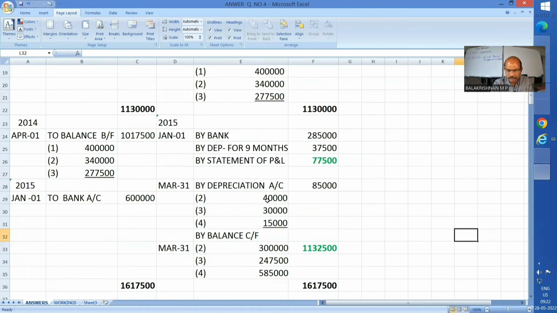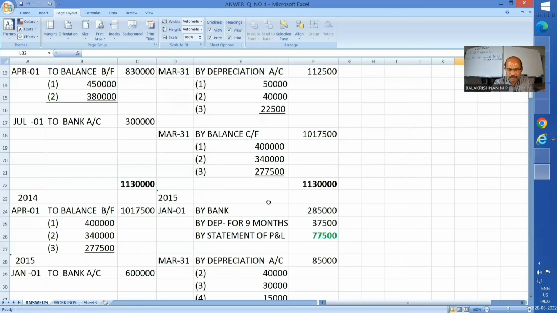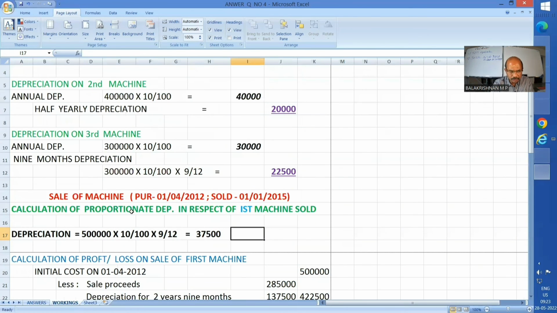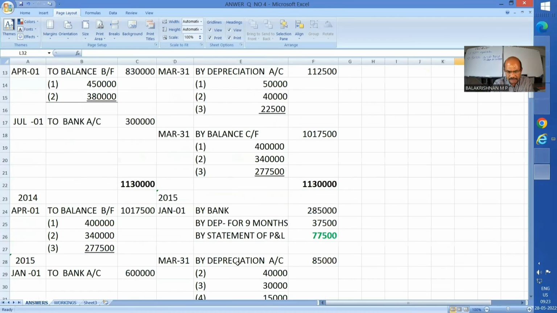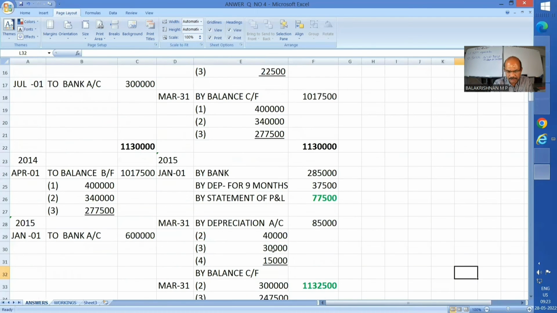I am showing it because it's straight line method, full year. What was the full year depreciation in respect of machine 3? Well, there you don't make the mistake. Because this is a proportionate depreciation only, where the full depreciation for machine 3 is 30,000. This year, the machine has served me the full year, no? Hence, I am showing that 30,000 in respect of machine 3.